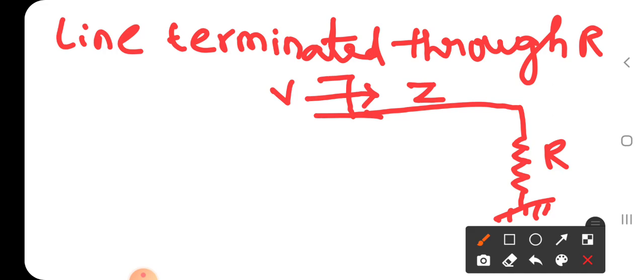Let capital Z be the surge impedance of the line terminated through a resistance capital R, as shown in the figure.